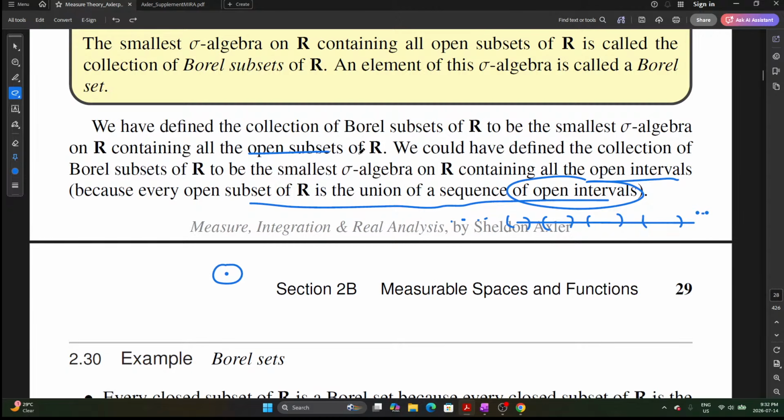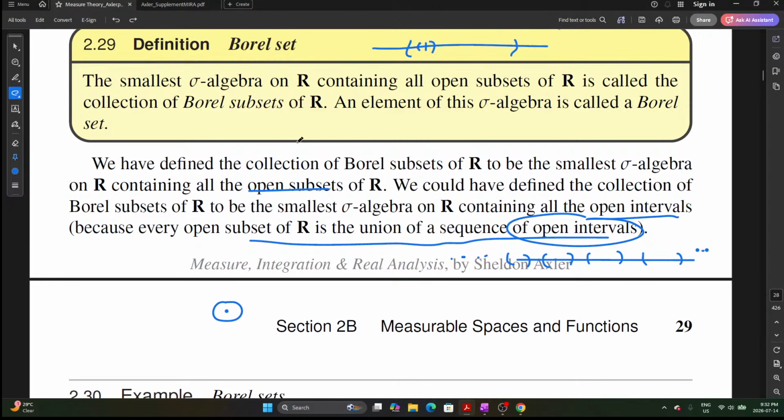You can say the Borel sigma algebra on R2 is the smallest sigma algebra containing all the open balls. That works too. It's in topological spaces where you don't have the notion of open balls that you have to speak of generated by open sets.